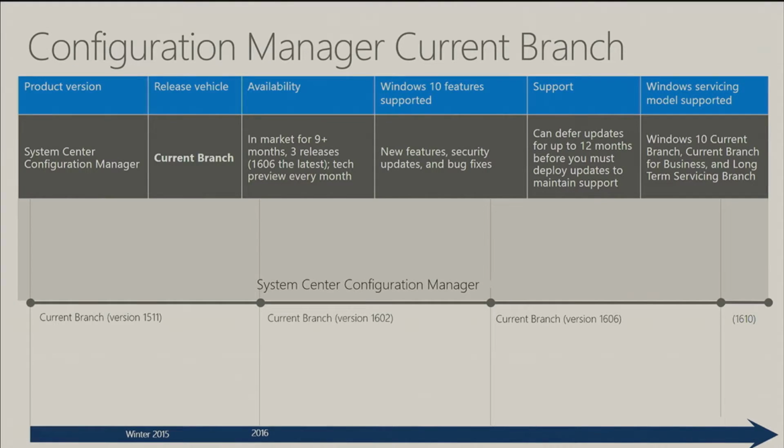We've stayed on this 4-month cadence. We will be producing a release of 16.06 that you can upgrade from 2012 directly to in the October timeframe, and our 1606 release is also included in the recently announced System Center 2016 release, with usage rights at least to that version.